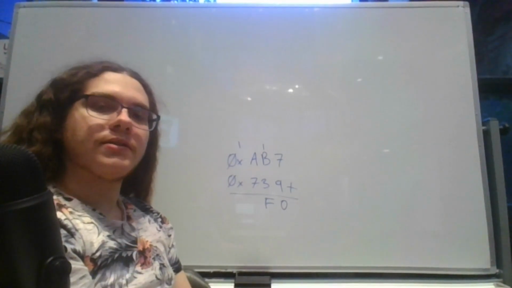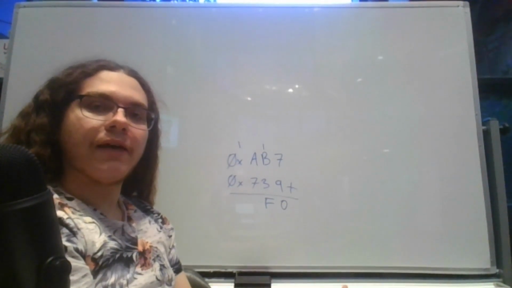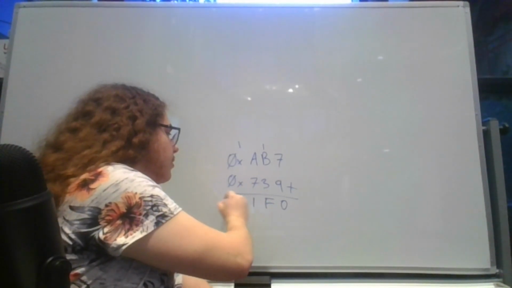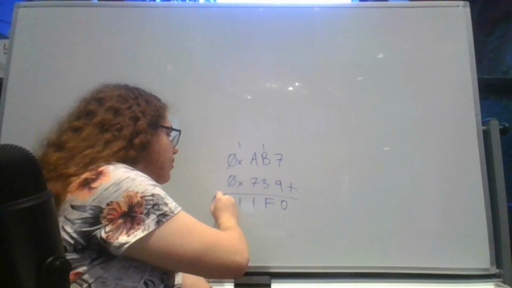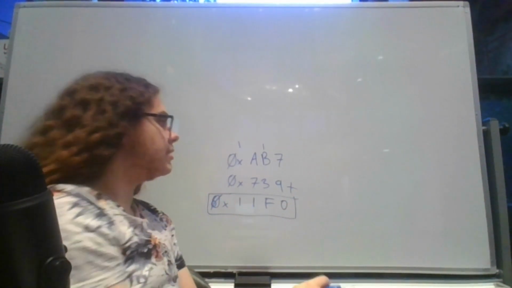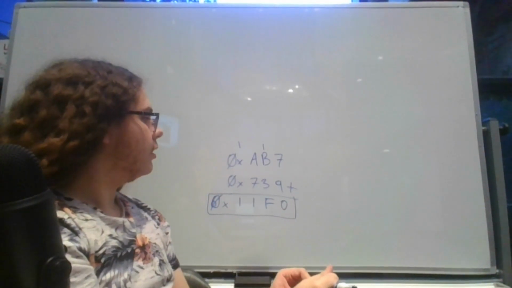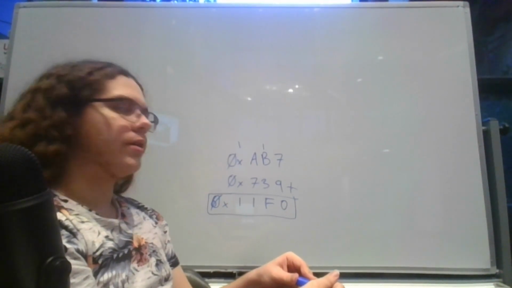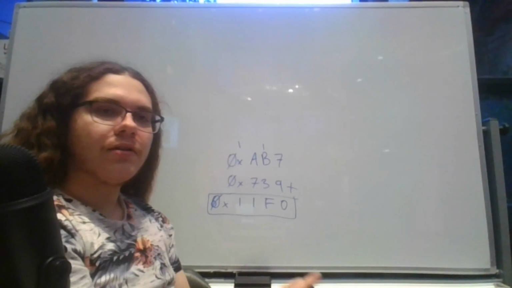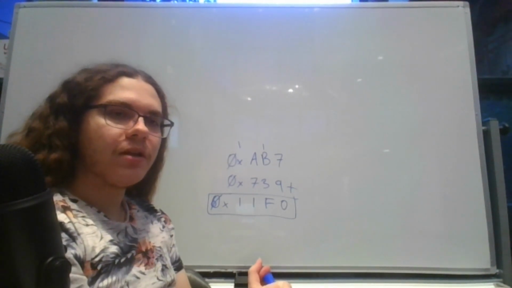And because we took away 16 to carry over, there's 1 left over from that 17 we originally had. And so our result would be hex 1, 1, f 0. And that's the general process for adding hex numbers. Was there a particular example you wanted me to go over?